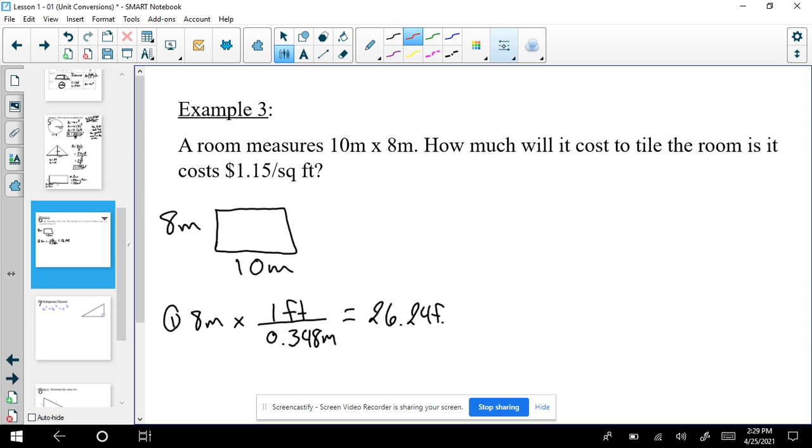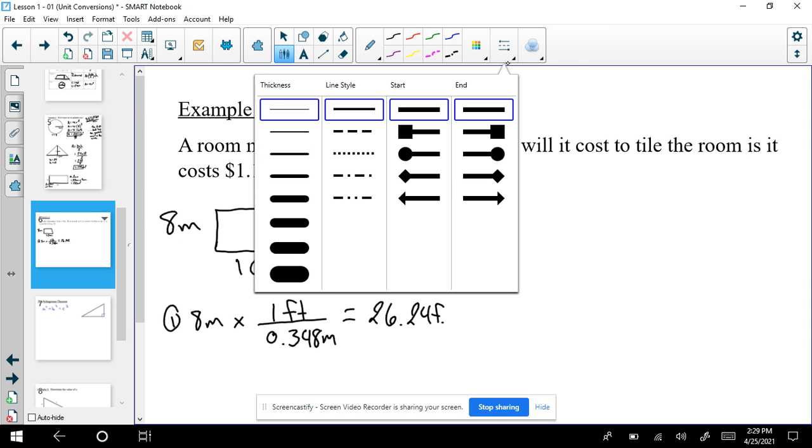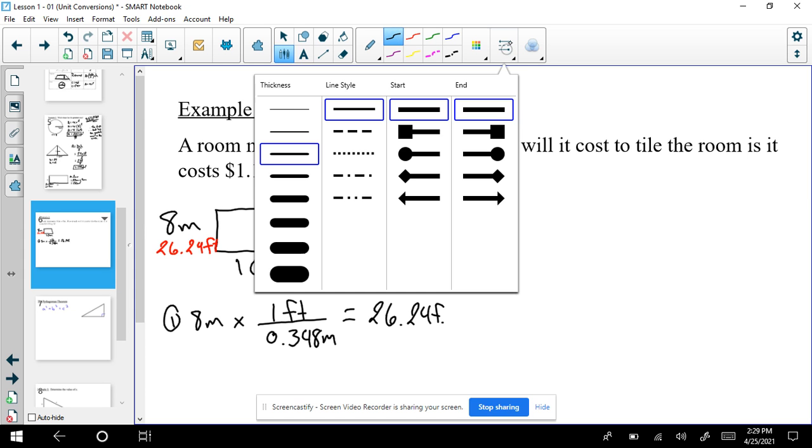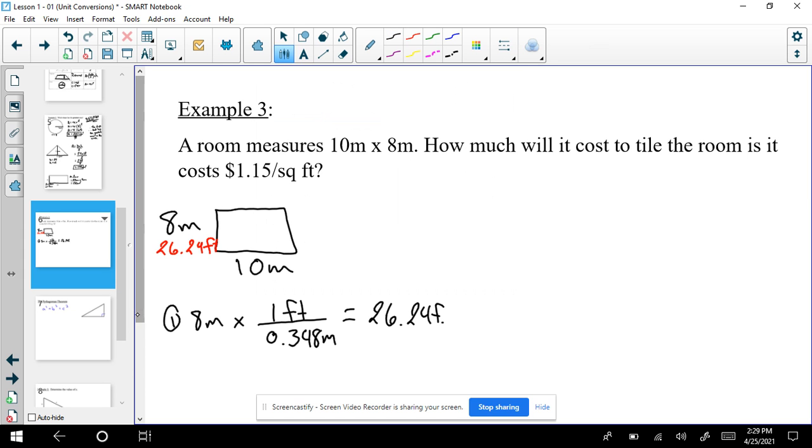Right, so I'm just going to rewrite that up here. So for 8 meters, we have 26.248 feet here. And then we'll do the same thing for 10 meters.